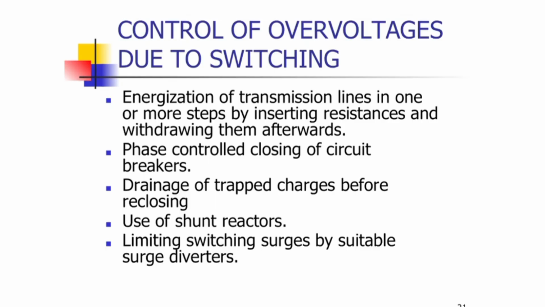We want to use dividers to reduce the current value, or energize the transmission line in one or more steps by inserting resistors. By inserting resistance, we will reduce the current. Automatically, it will lead to reduction of overvoltages. These are the points which come under the control of overvoltage due to switching.